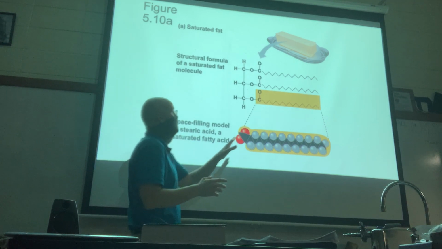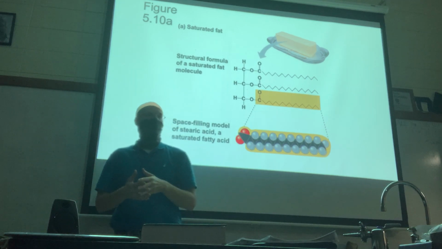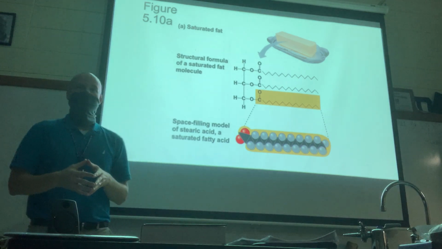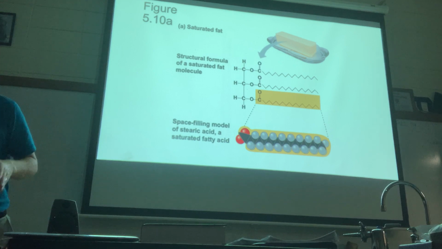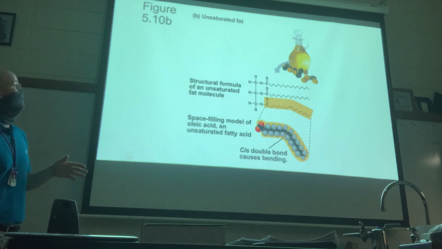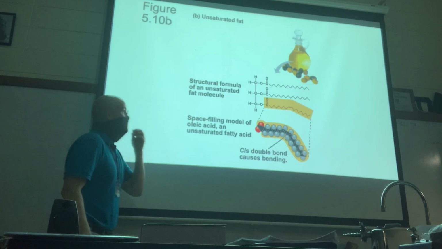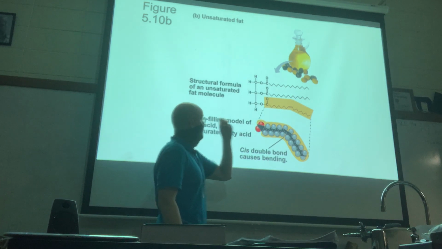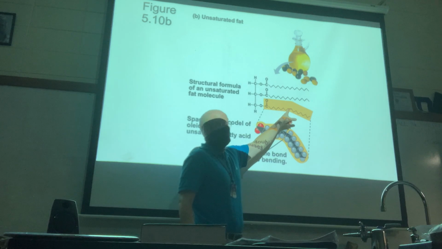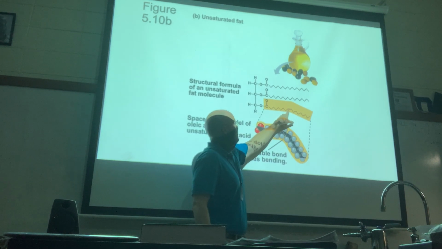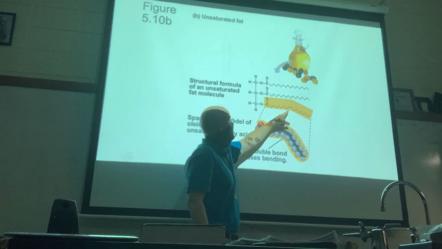And that's true, but butter is a more solid type of fat because of the saturated fats. Now, when you see what an unsaturated fat is, with unsaturated fats, you can get just a little double bond somewhere. And that's what this diagram right here is. It's a double bond.